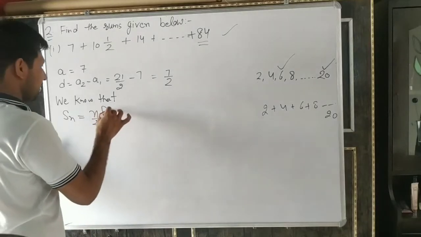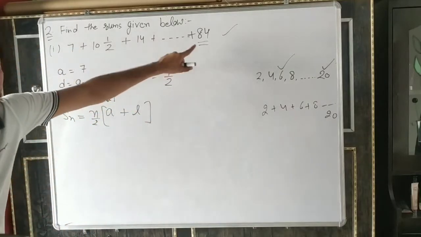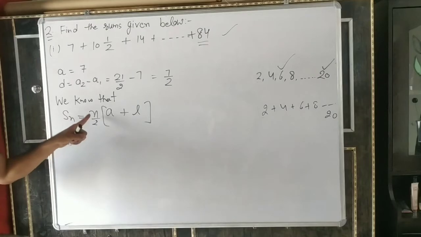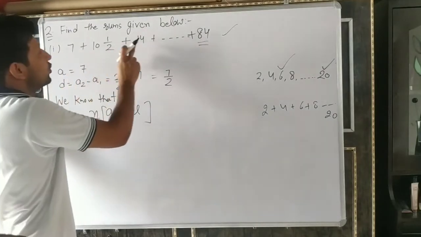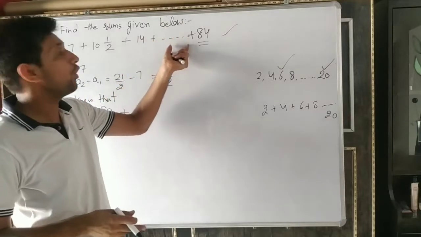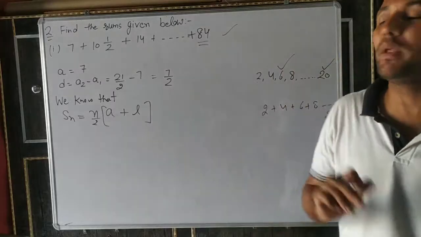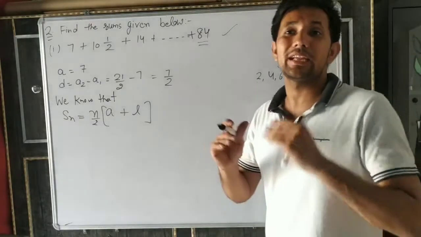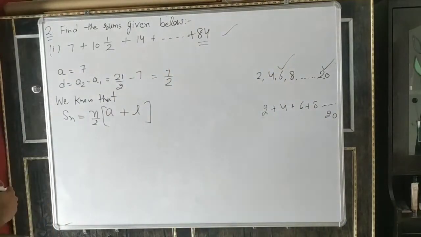So a plus l, the last term l is 84, is given. But dear, if you want to find the sum, we need n. How many terms up to 84? 1, 2, 3, in the middle we don't know, but the last is 84. So first we will find how many terms there are. We will find the n value.